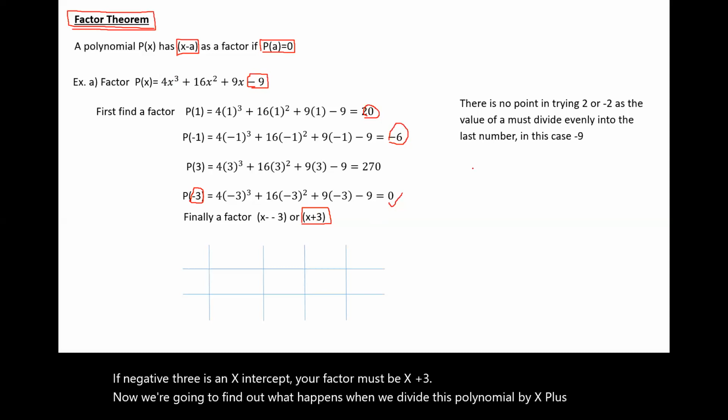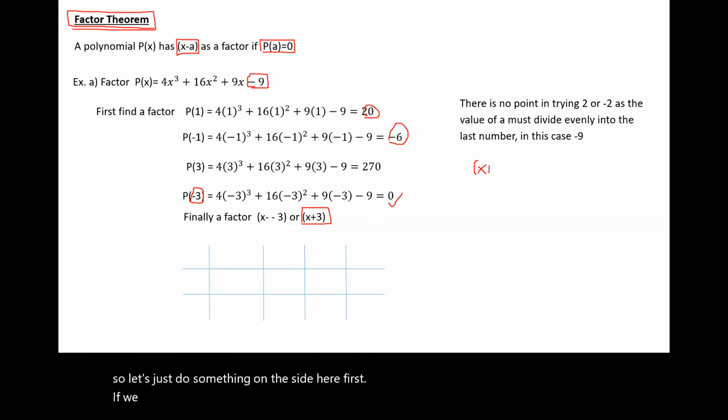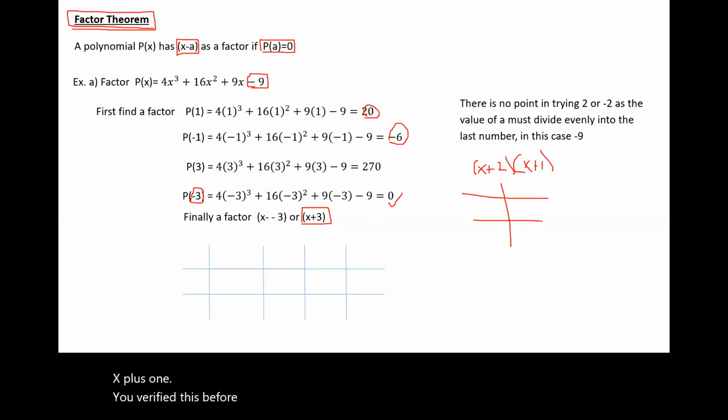So let's just do something on the side here first. If we had x plus 2 multiplied by x plus 1. You verified this before using the box. So we'd have x plus 2 on this side, x plus 1 over here.